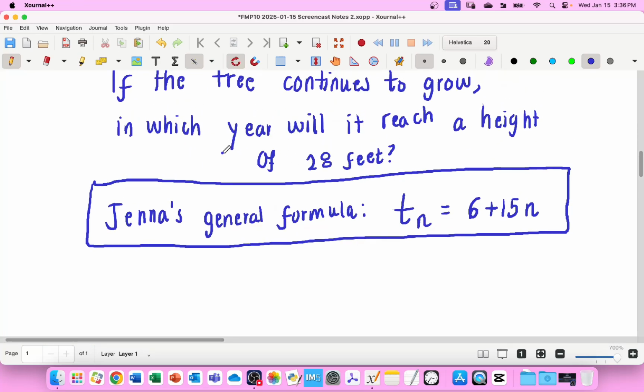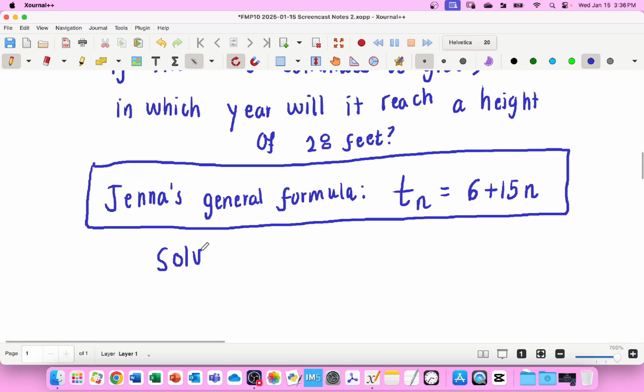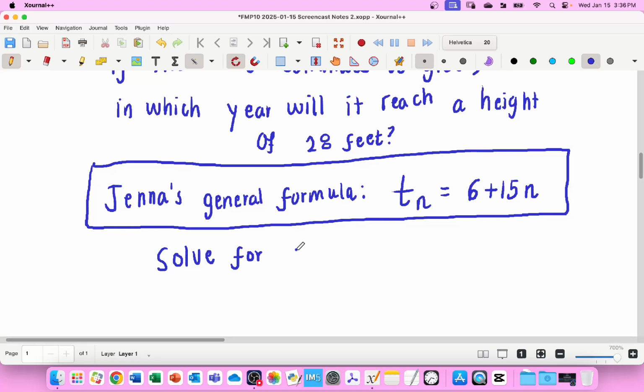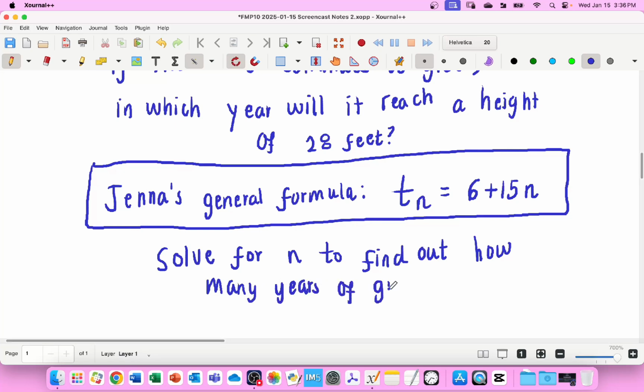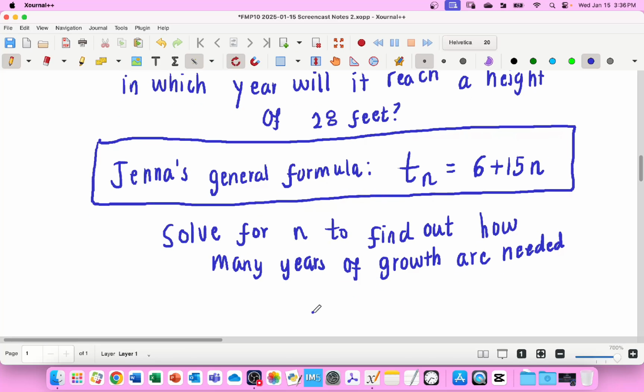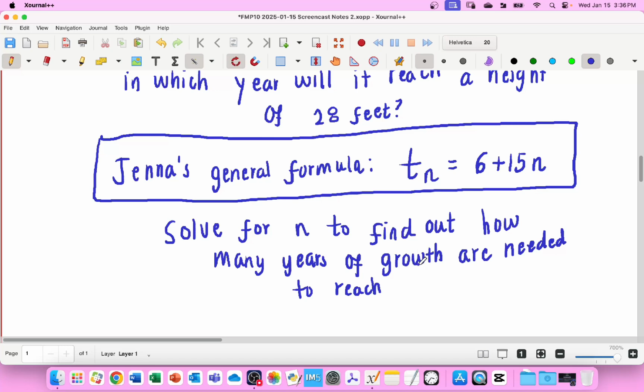And basically, we should solve for n to find out how many years of growth are needed to reach 28 feet.